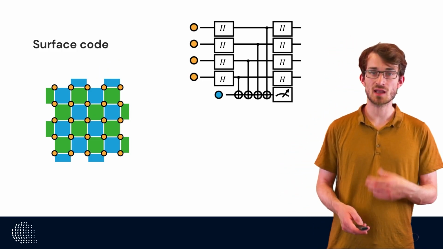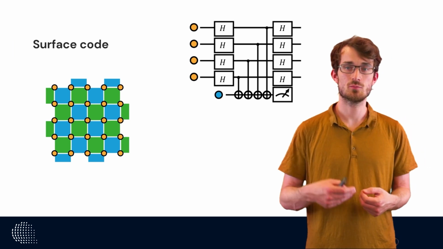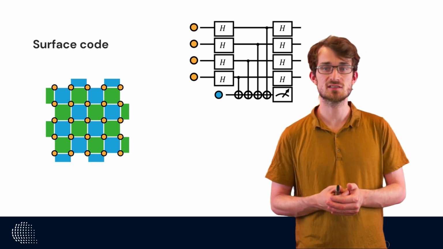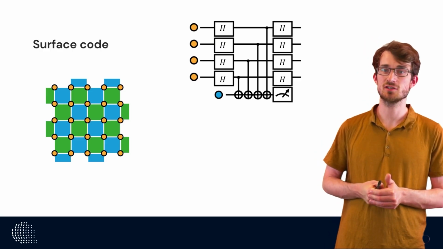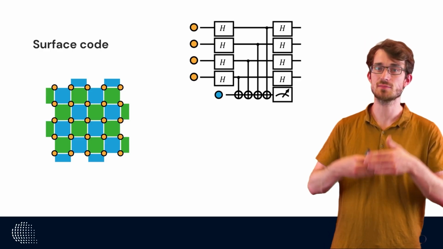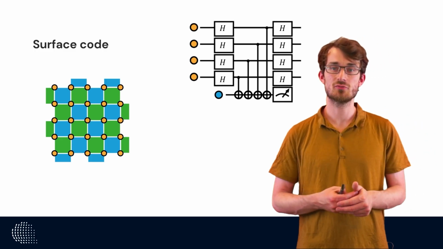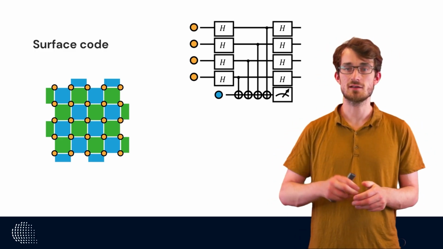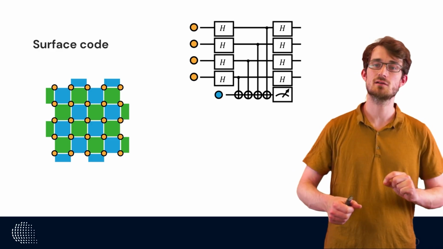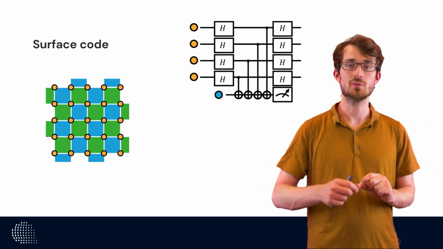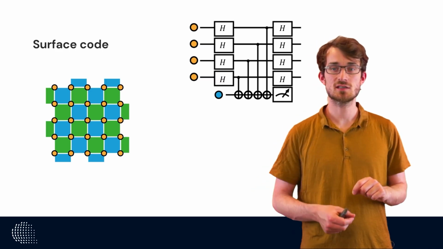Then we need to check whether an error occurred by measuring these stabilizers. We can measure, for example, the X-type stabilizer using the circuit here. We apply a Hadamard gate on all our data qubits. We perform a sequence of CNOT gates such that we do a bit flip on an auxiliary qubit, the blue qubit here, depending on whether the qubits are in the 0 state or otherwise in the 1 state.